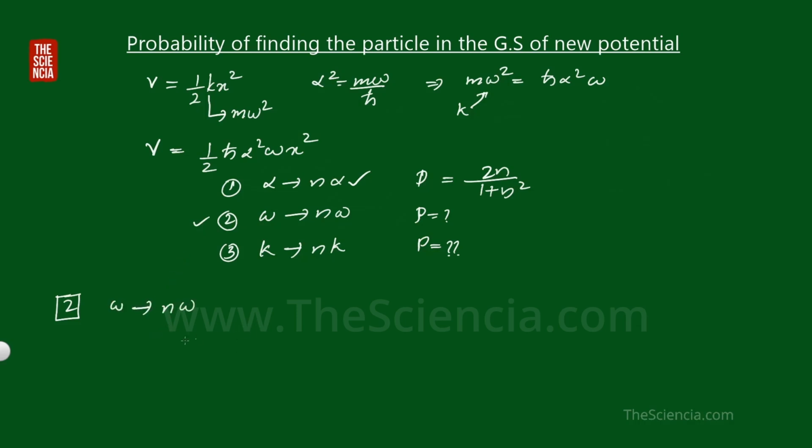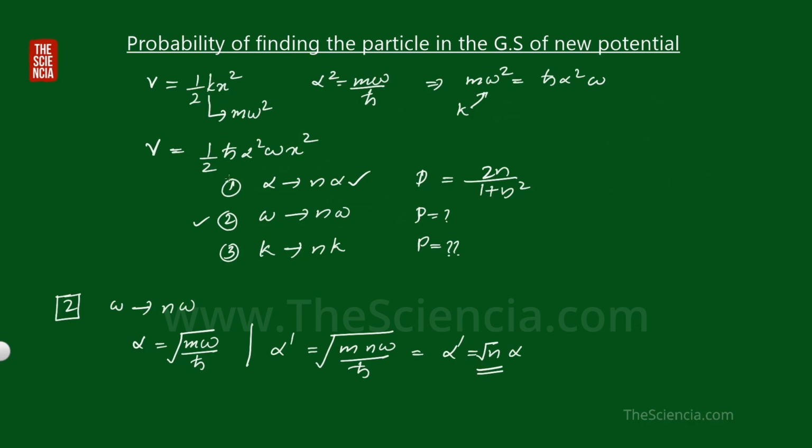We know alpha is equal to root m omega by h cross, right? Now this alpha is changing, that is, omega is changing to n omega, so alpha prime is equal to root of n m omega by h cross, that is alpha prime is equal to root n alpha. So we can substitute this condition in the probability.